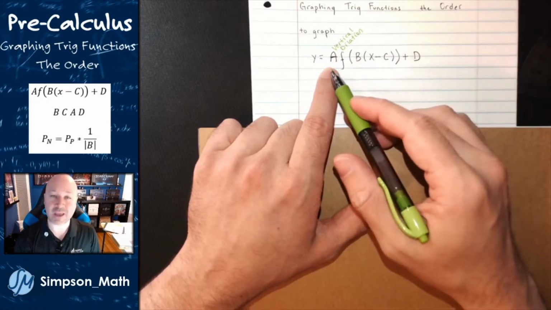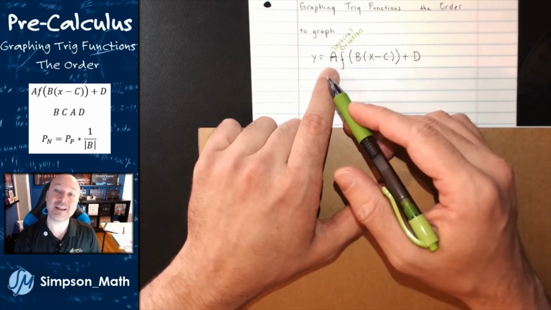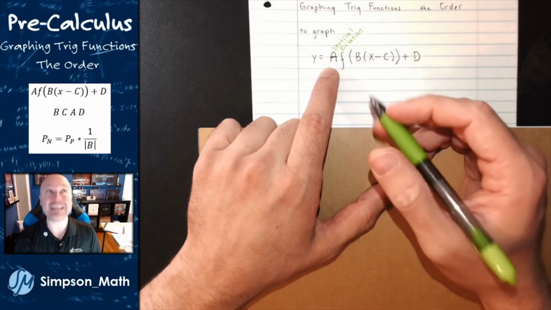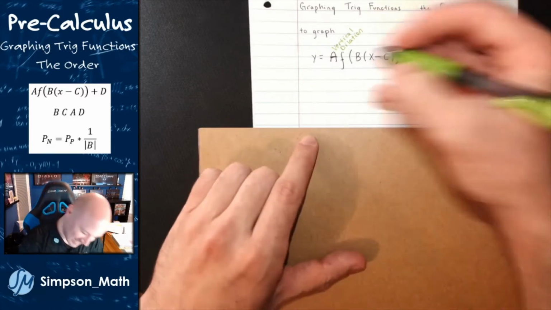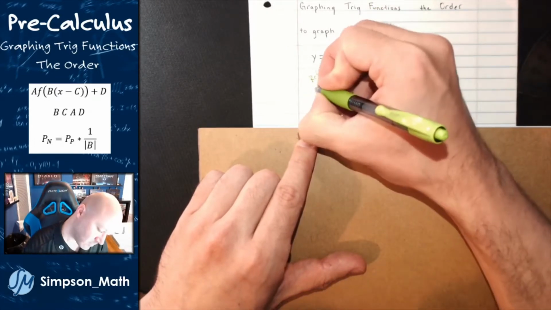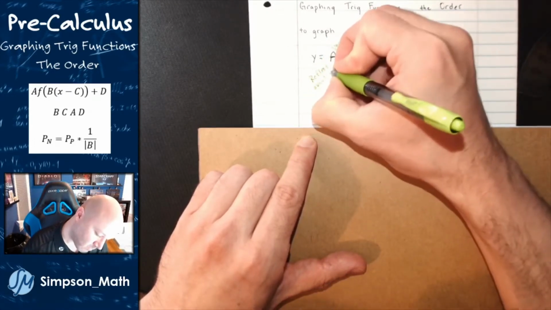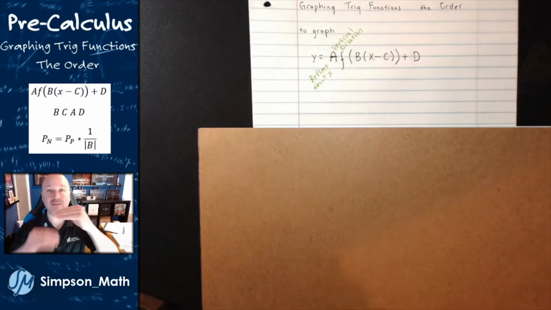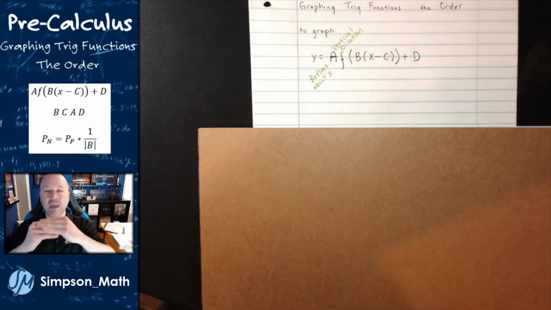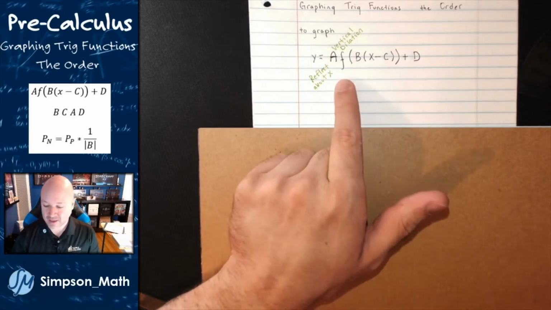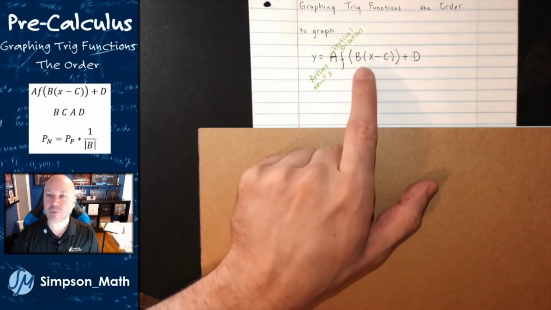Now there's something else that goes with a, and that's if a is negative, then that is a reflection about the x-axis. Again, it's affecting the y values. So you can think of any positive y value like 3. When I reflect it down below, the y value becomes negative 3.